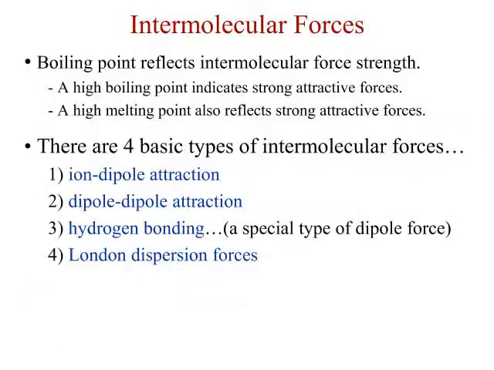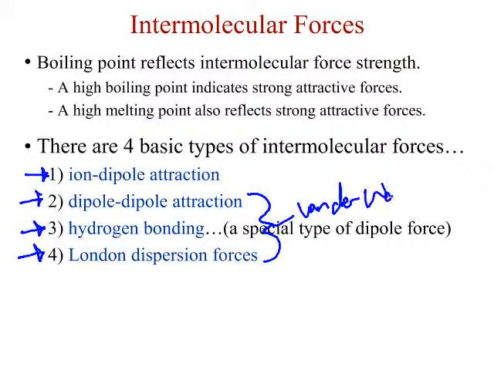All right. Now, the types of intermolecular forces that we're going to talk about today fall into 3 or 4 different categories. You have ion-dipole attraction, dipole-dipole attraction, hydrogen bonding, and London dispersion forces. Collectively, these three are often referred to as van der Waals attraction.